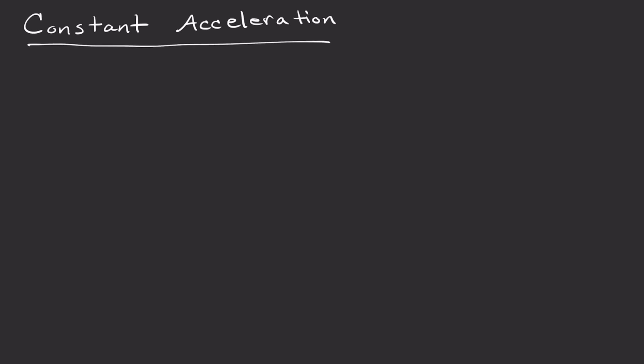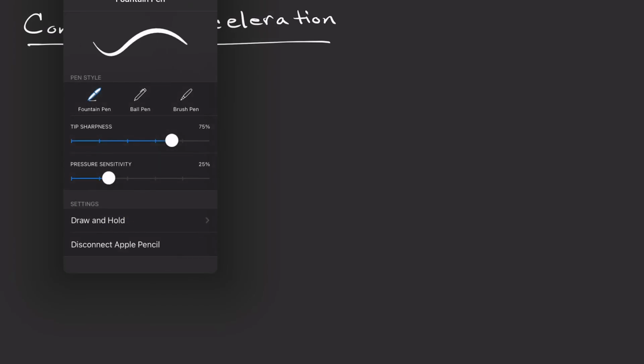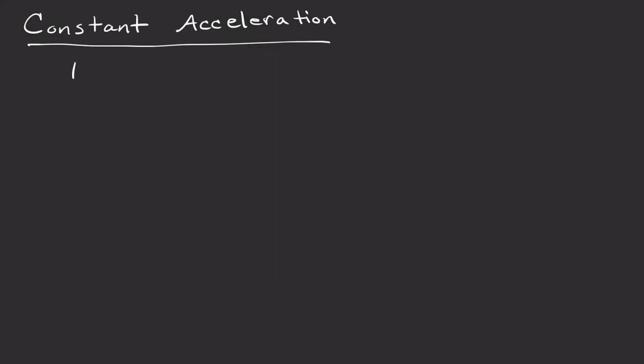So we've been talking about situations where our position is changing, so we have some positive or negative velocity, and then we've considered changing velocity, so now we're accelerating. But we're not going to consider any changing acceleration because for the most part, in many cases, acceleration is roughly constant.